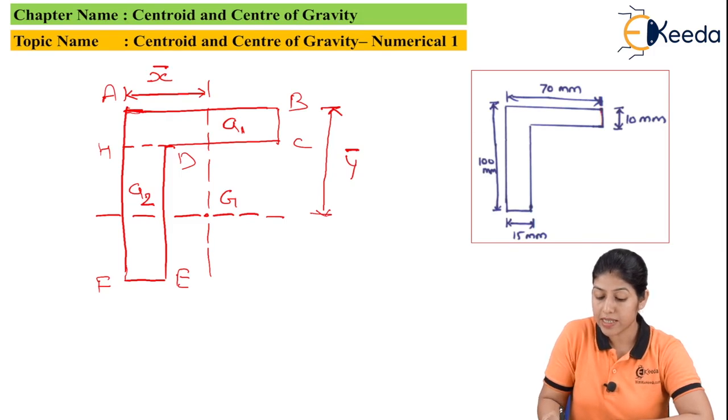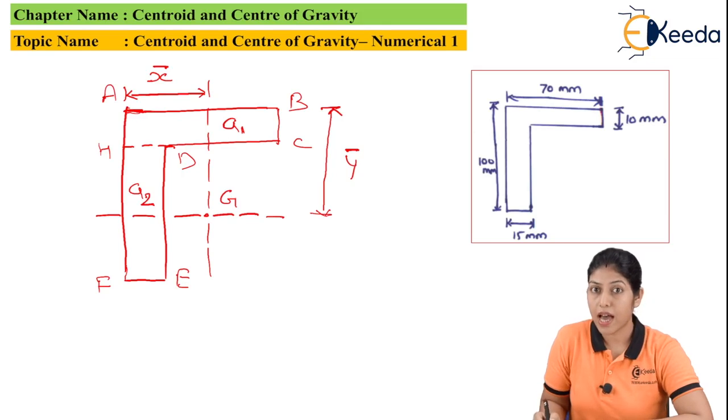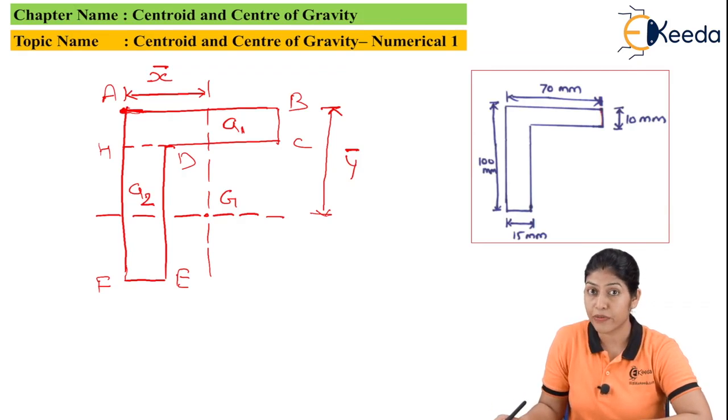Let us consider AB as the reference and AF as the reference. AB we are taking as the reference for the x-axis and AF as the reference for the y-axis, and from this point we are taking the coordinate points. This point A we are taking as the base or reference point, and from this point we will find the value of the coordinate point.